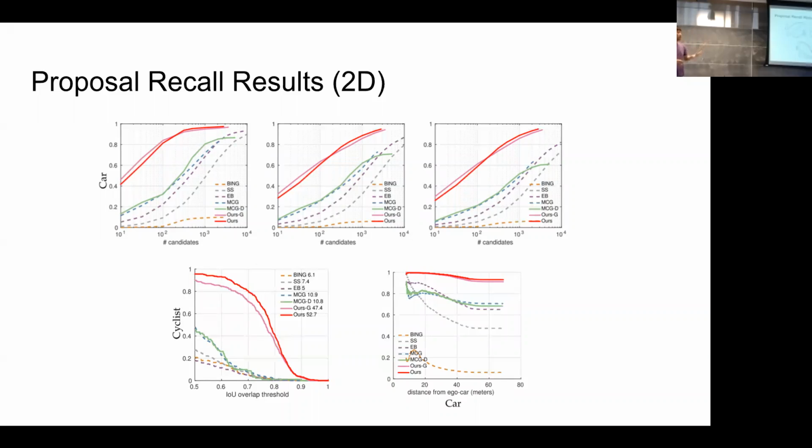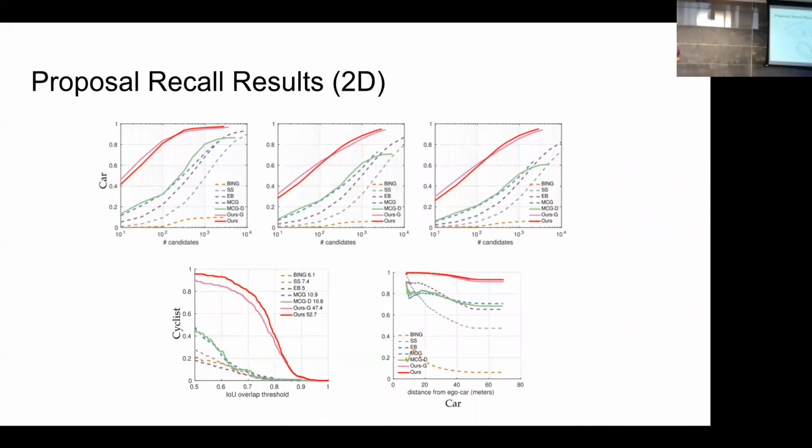In this slide, we're talking about proposal recall for 2D. The best case scenarios are the class-specific ones, and it's obvious why class-specific weights would work better than a generic class. Second, it takes about 1,000 proposals for the recall to saturate around a 90% rate.